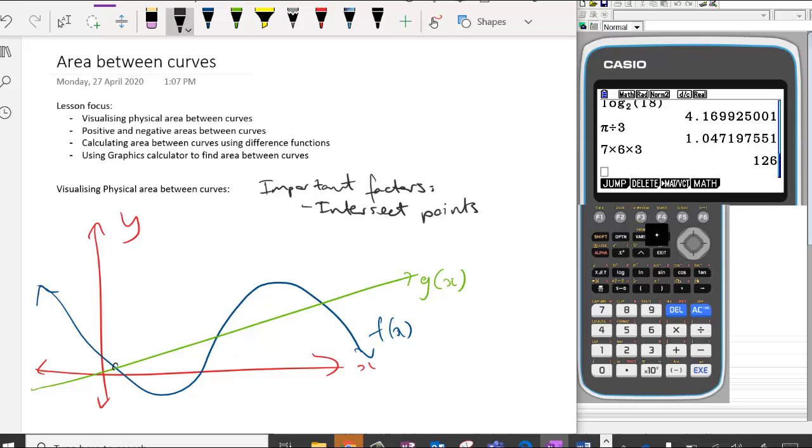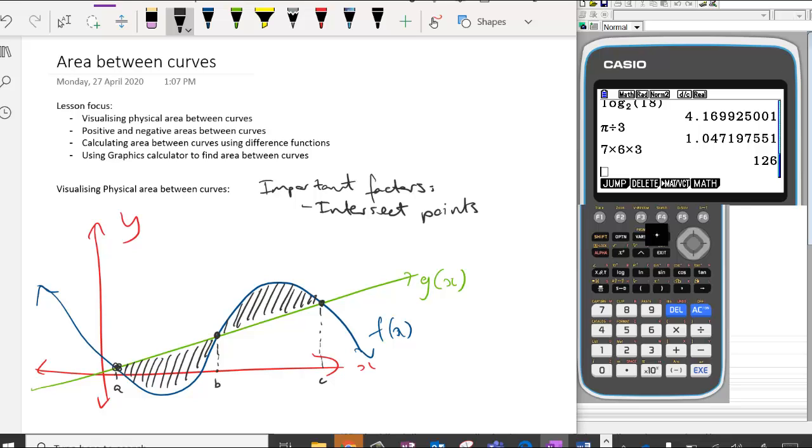So if we look at the intersection points as A, B, and C, these three points, the points of intersection, will determine when the difference between the two functions is 0. So that's when it changes from a positively signed area to a negatively signed area.